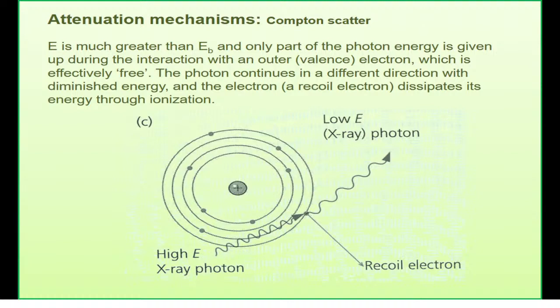So in Compton scatter, once more, a lower energy photon is produced by the material atoms, but with a different direction of propagation, and a recoil electron is produced as a removed outer electron from the material atoms.